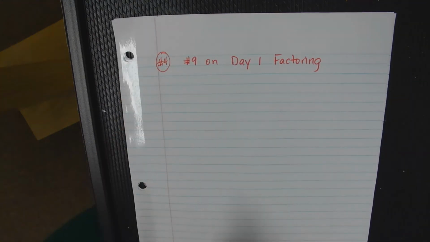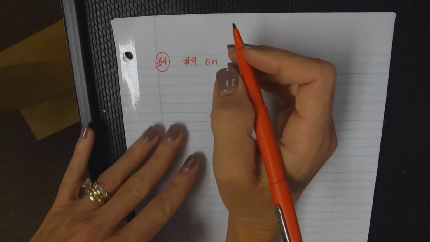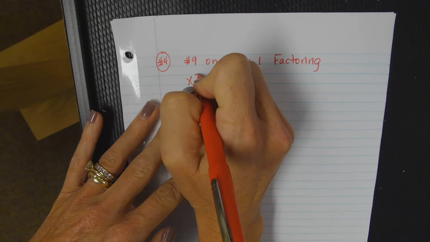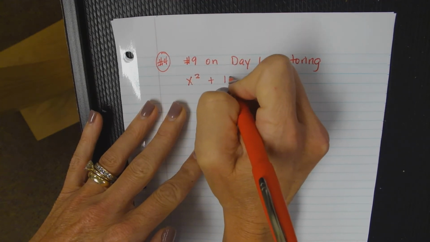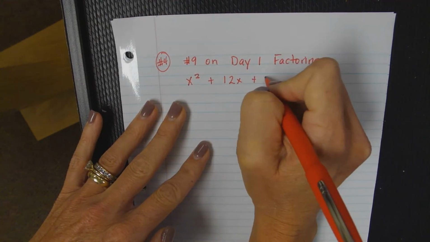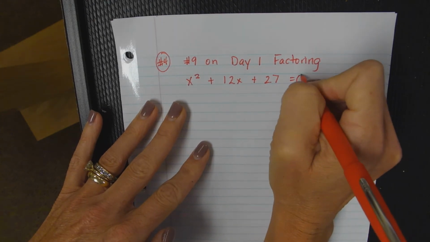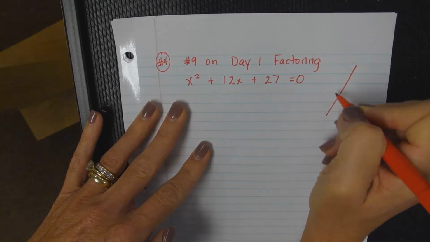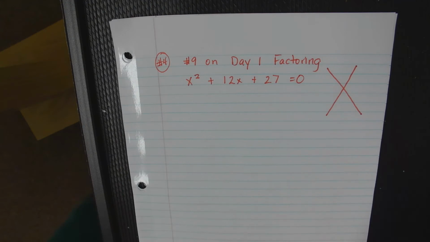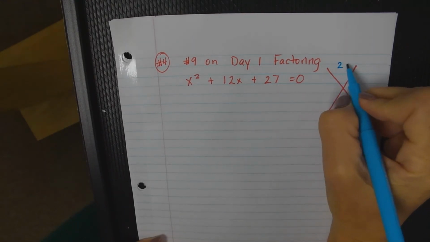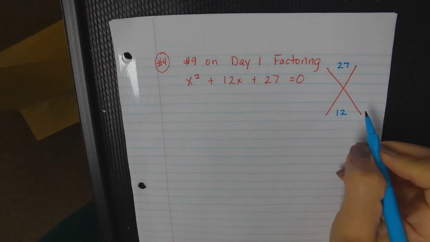All right, number 9, x squared plus 12x plus 27 equals 0. Here's my crisscross right here. What goes up here? 27. Good. What goes underneath it? 12. Here's the hardest part.